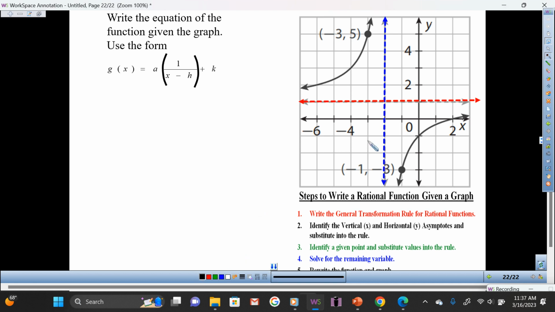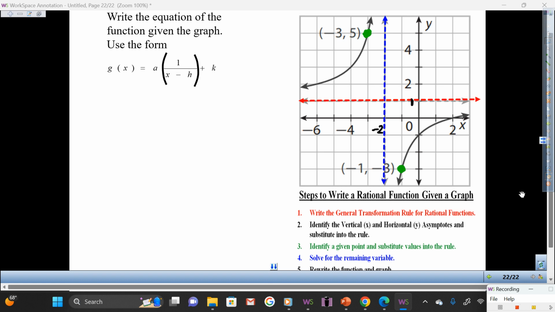Give you some values. This one's going through negative 2, and this one's going through 1. And from there, they only give you 1 point up here with these values, and 1 point down here with those values. So copy this graph, and then copy this general rule that they give us, and we'll go from there. I'll give you some time. Copy and go.